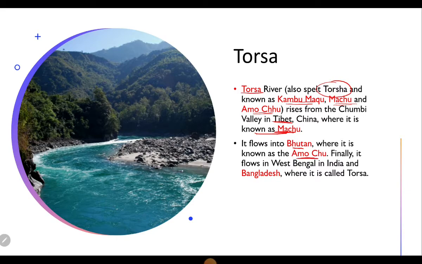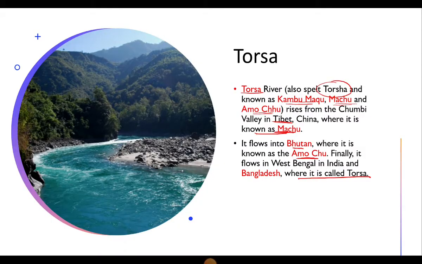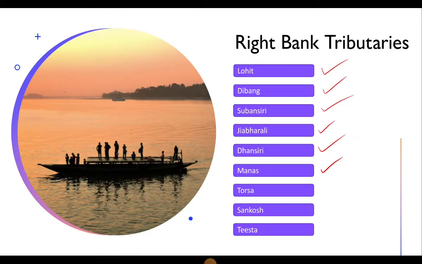Finally, it flows in West Bengal in India and Bangladesh, where it is called Torsa, its original name. So this is the Torsa River, very beautiful. Now we have completed Torsa.